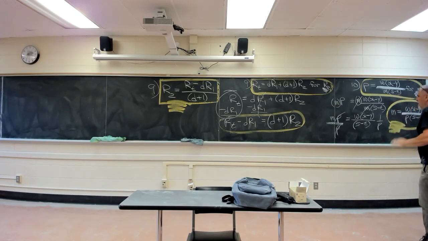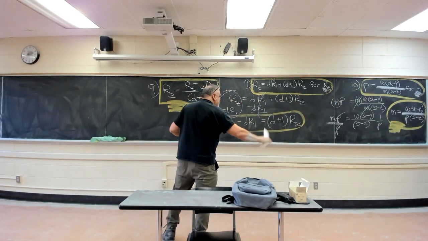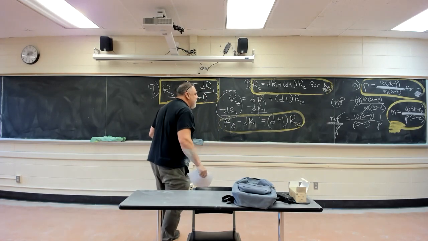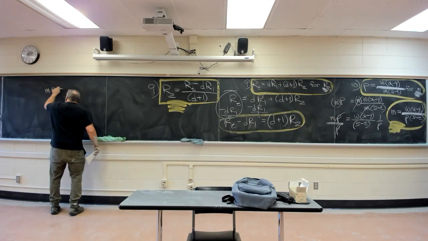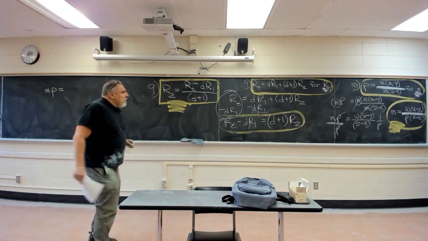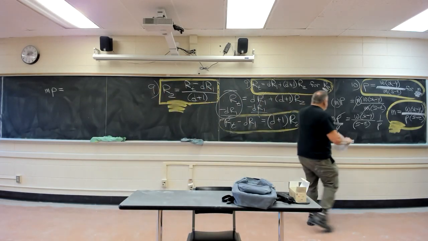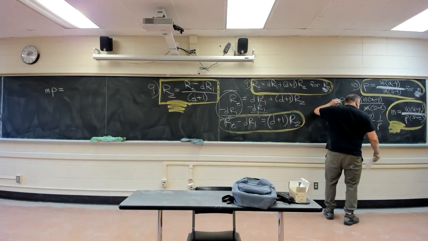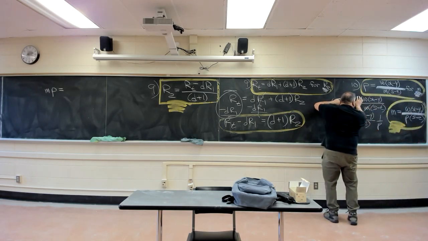Interesting point. Remember, guys, I don't want to beat this up too badly here, but when we had MP, remember, we got it down to P equals W times the quantity x minus y over the quantity s minus t.